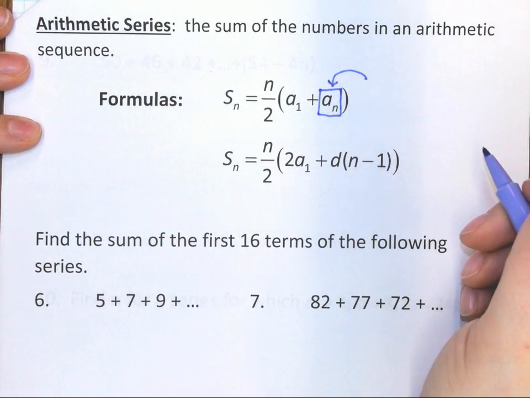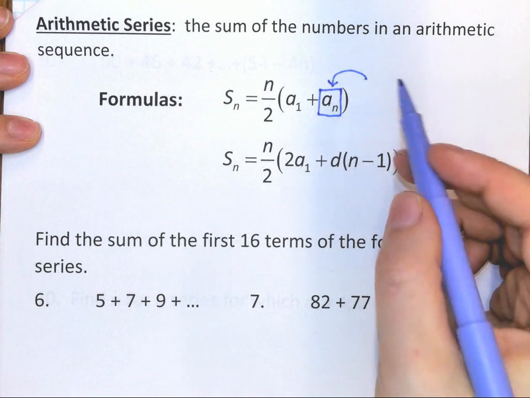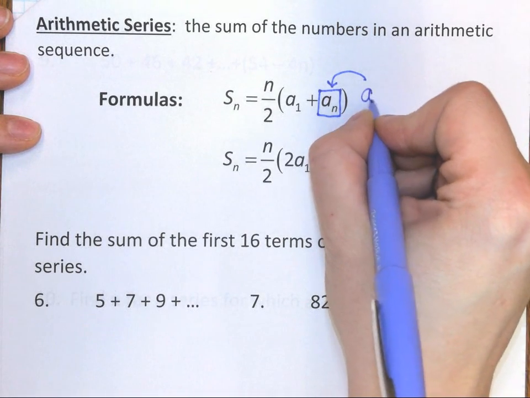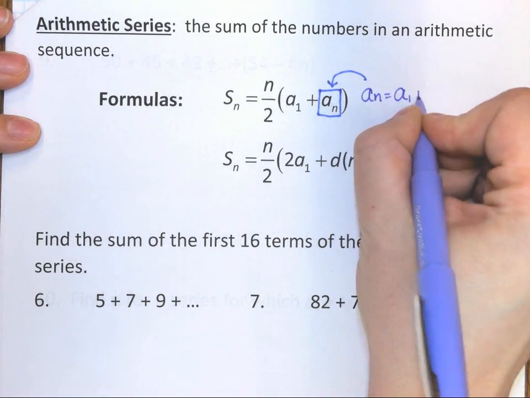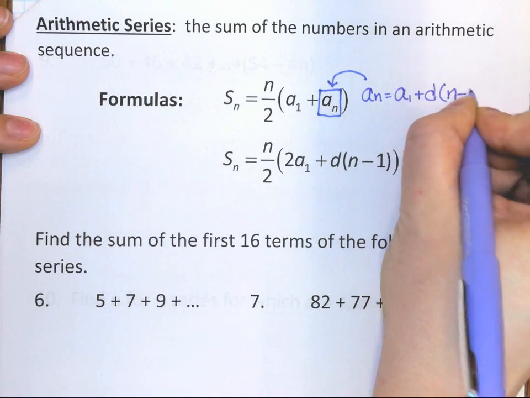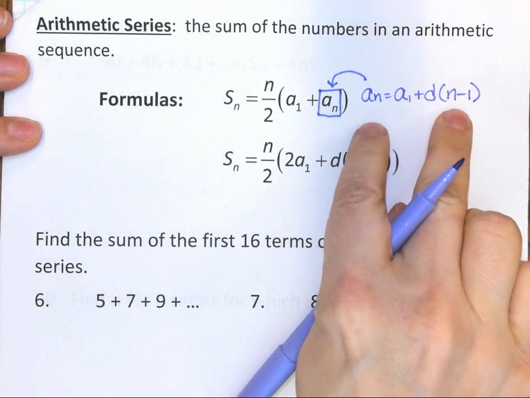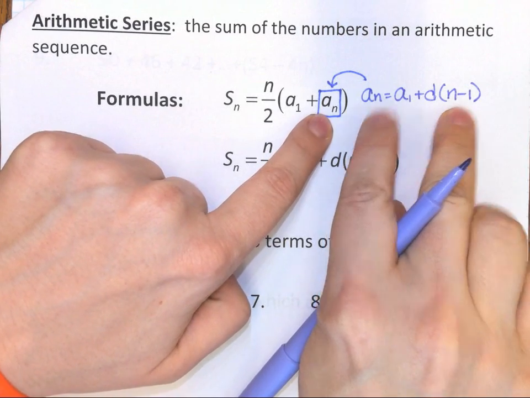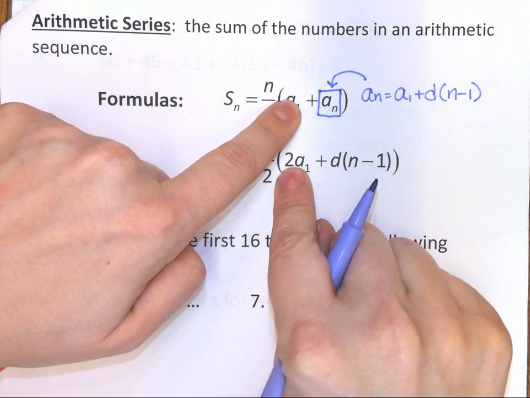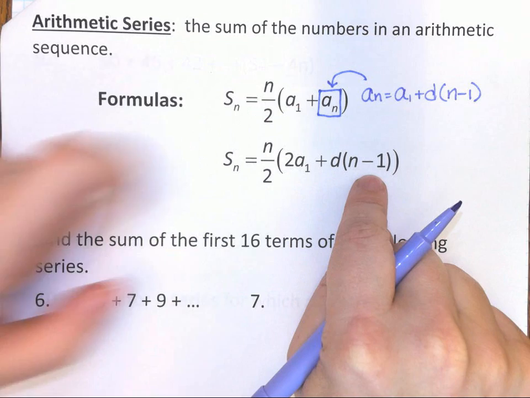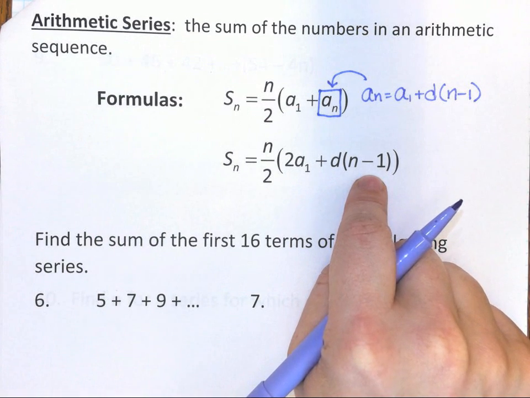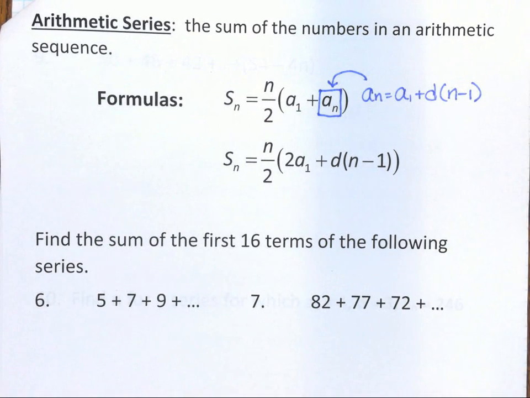It was just up here a second ago. What is the formula to find the nth term? Right. So if I were to put this in place of this, I would then have 2 a's and the difference times n minus 1.